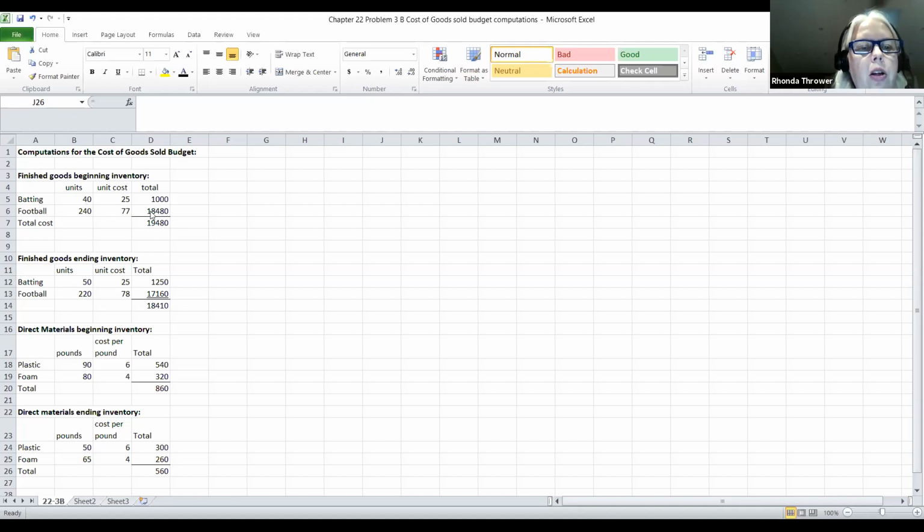So this is how they're calculating the beginning finished goods inventory. You will multiply to find the total and then add the two together to get the total cost. So 19,480 is your beginning finished goods inventory.